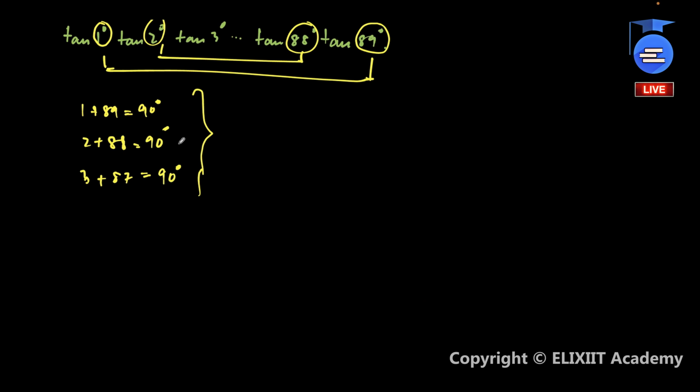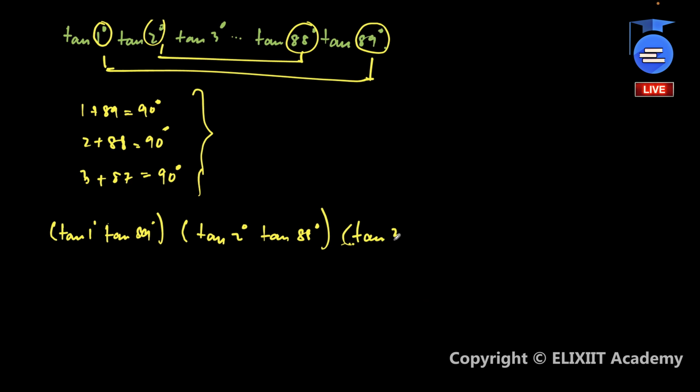So these angles, pairwise, are complementary of each other. Basically, if I club them, like tan 1 degree and tan 89 degree, tan 2 degree into tan 88 degree, I'm simply clubbing them up, okay? And so on, like tan 3 degree into tan 87 degree.